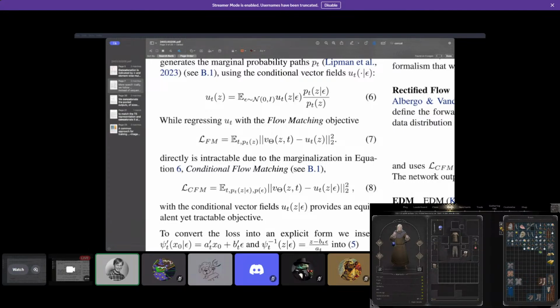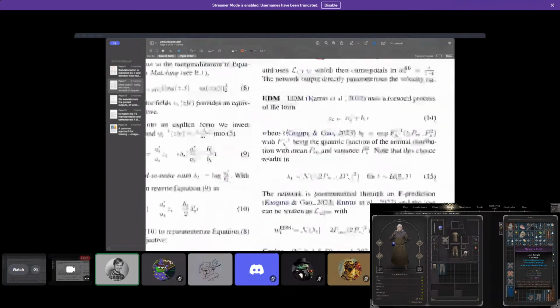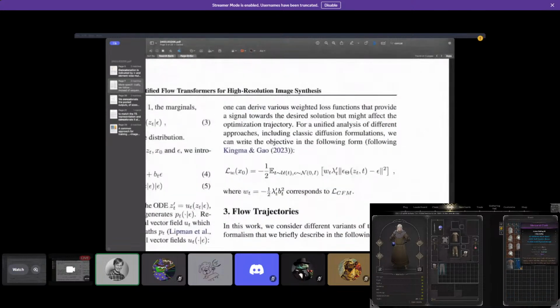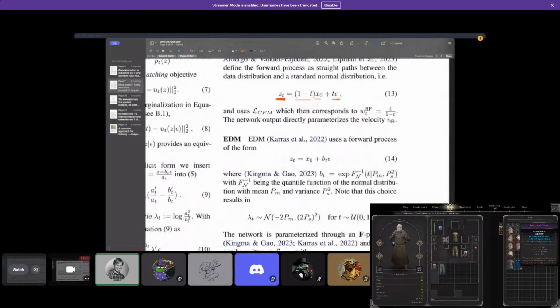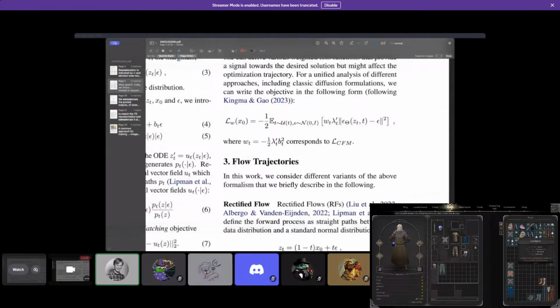So what you can now do is weight up certain elements in this CFM. Yannick? Yes. Right side of the thing, flow trajectories. Yeah, so this one. You can see one higher, a little bit higher. Yeah, exactly this one. So this L of W.